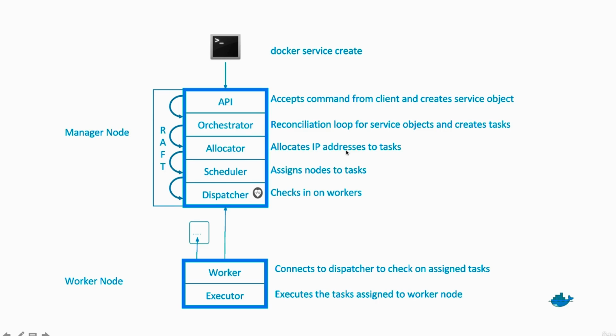The workers are constantly reporting into the managers and asking for new work. The managers are constantly doling out new work and evaluating what you've told them to do against what they're actually doing. Then if there's any reconciliation to happen, they will make those changes, such as maybe you told it to spin up 3 more replica tasks in that service.